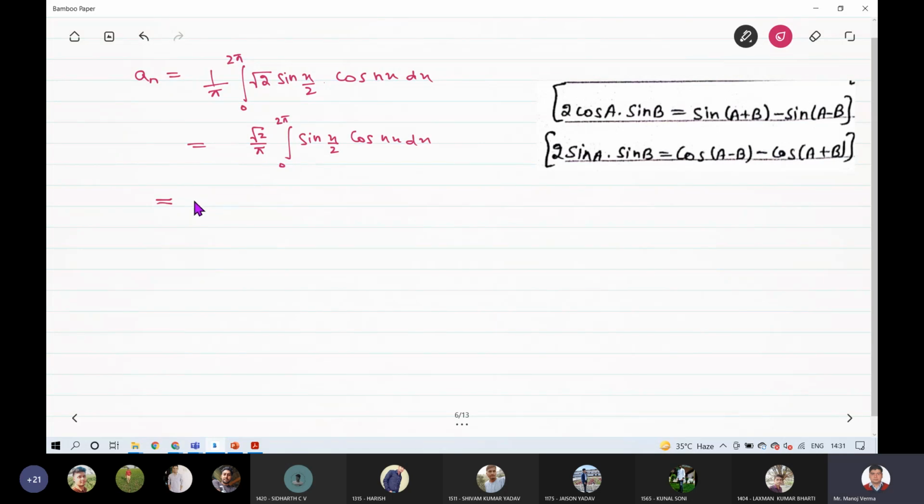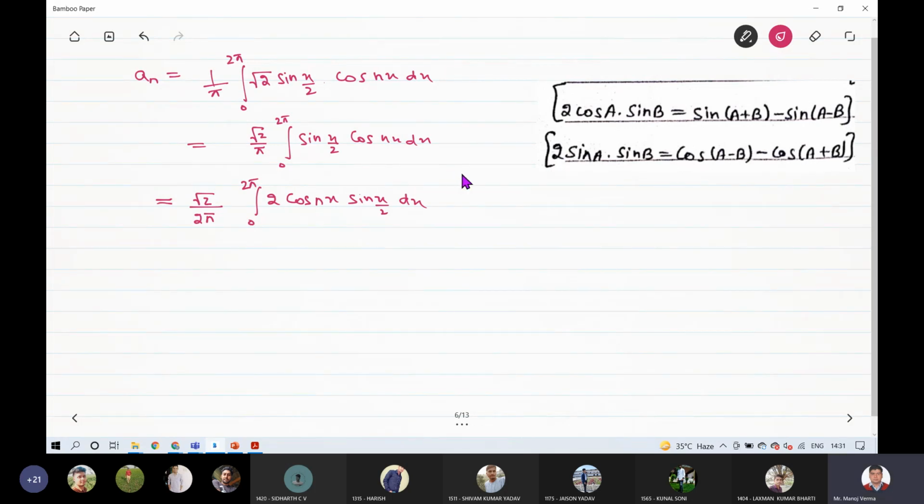So it will be root 2 over 2 pi, and this 2 I will compensate by multiplying it in the numerator, and I am writing the cos term first: cos nx sin x by 2 dx. So now this integral is looking like this one.